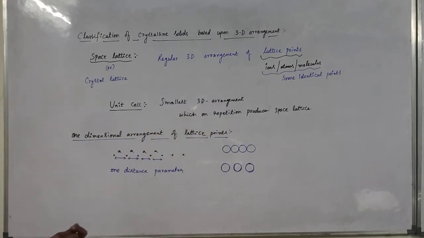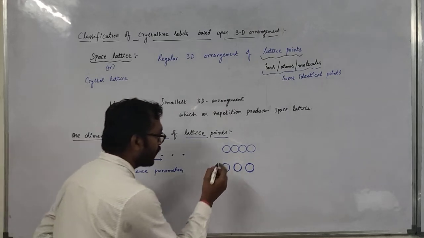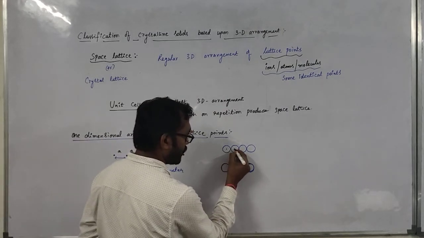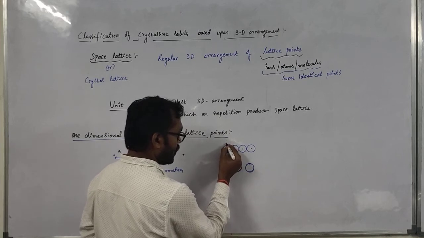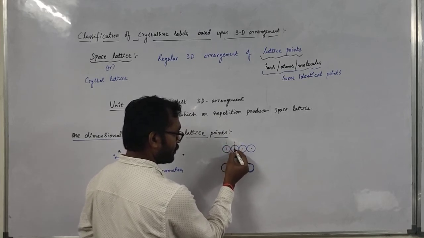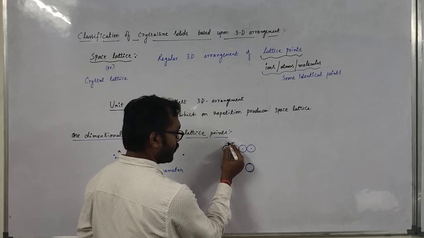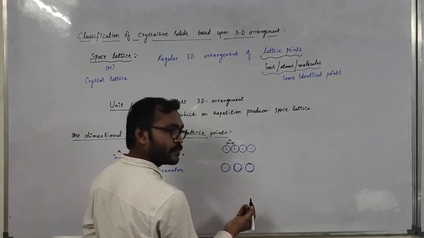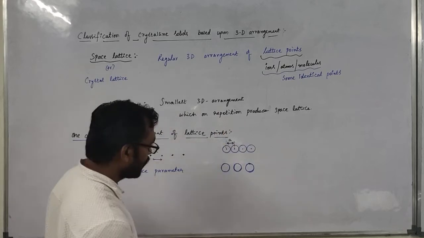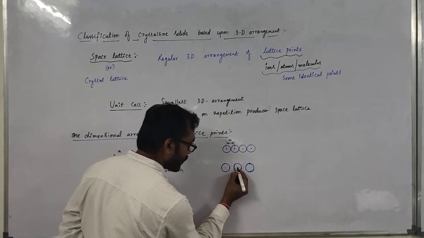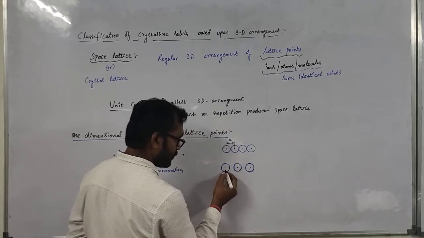Now see this. If I assume this is a center point between the spheres, can I say this is the distance of separation between them? Let me assume that as a. So they are equally separated. Now what about this? This is also the same.